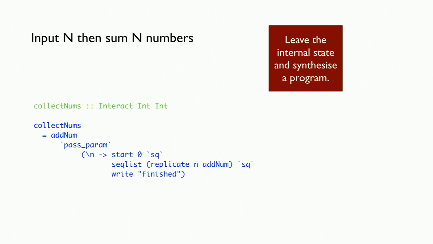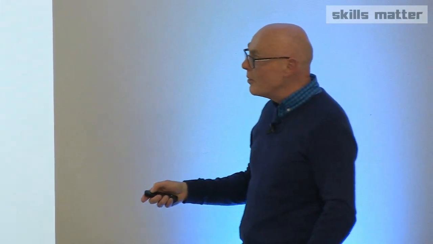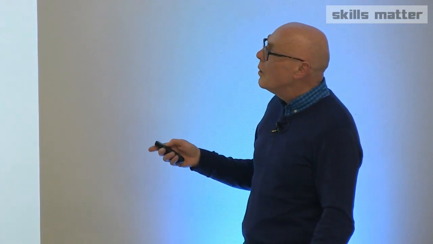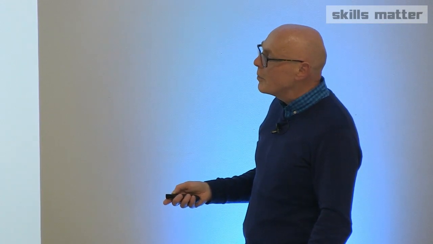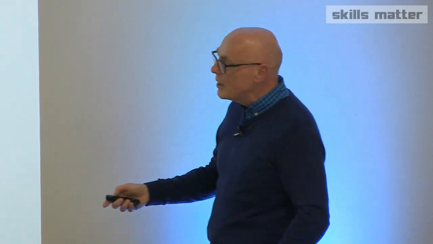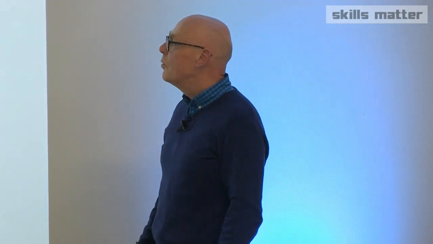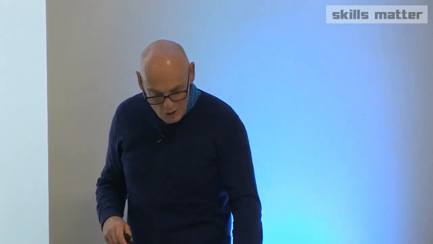What we're doing is we're saying, start off, collect a number, and then using that number, we replicate add num together n times, and then finish. So we add a number to the state n times. So what we've done here is using this sort of binding mechanism, we've effectively synthesized a program. We don't deal with an object state. We have a sort of meta-level state that builds the program for us. So that's sort of the style that we've got.